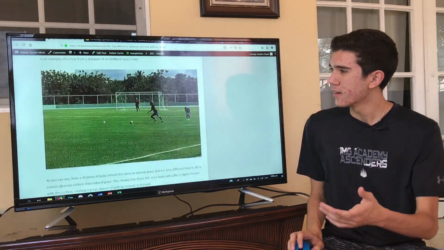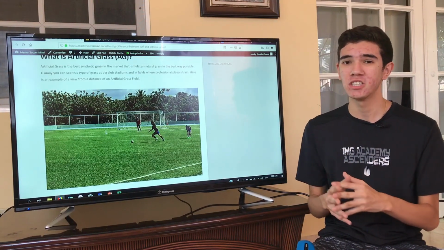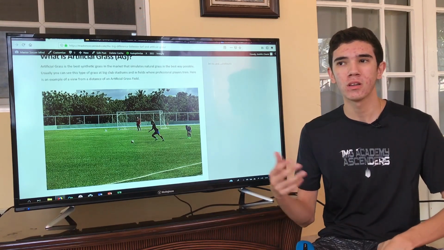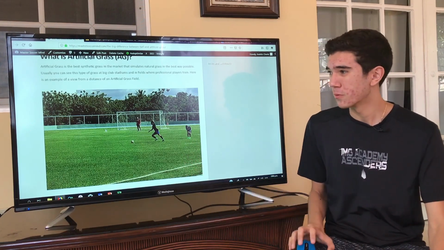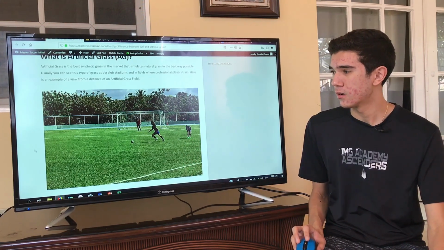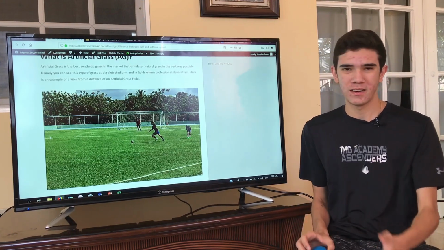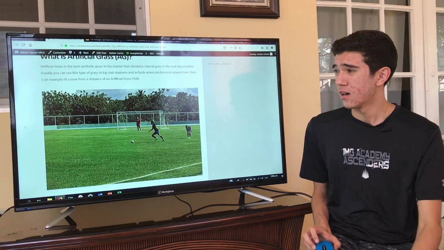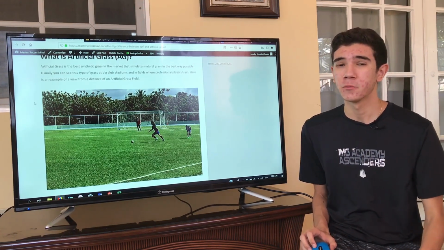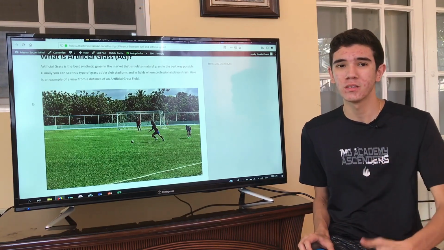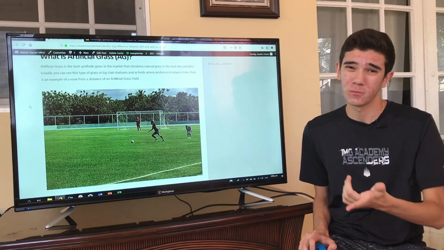So we could say that the main difference between both is that artificial grass, or AG, has a lot more quality, and professional soccer games can actually be played on it. Even though I would prefer to play on natural grass than on AG, artificial grass is becoming more and more common every single day, and we're starting to see more countries and leagues put this type of field and surface in for professional players.